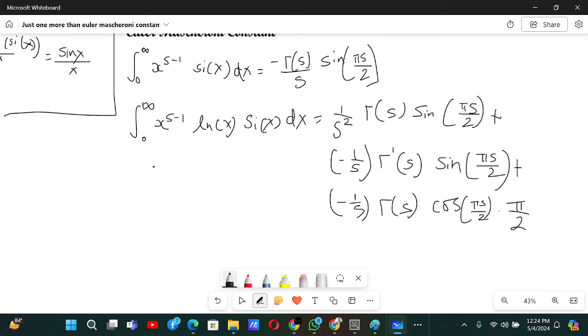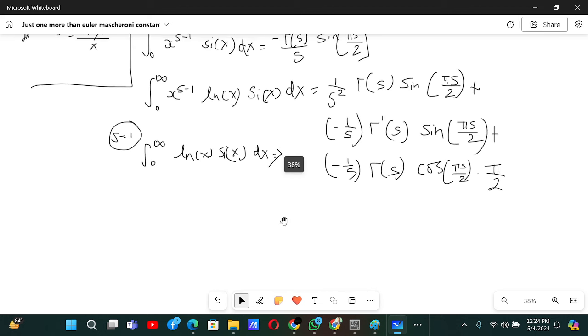Okay, so now let us substitute s as 1. If you substitute s as 1, this will basically go to the integral from 0 to infinity. x to the power 0 is 1, so ln of x times si of x dx. So we will make the change over here as well.